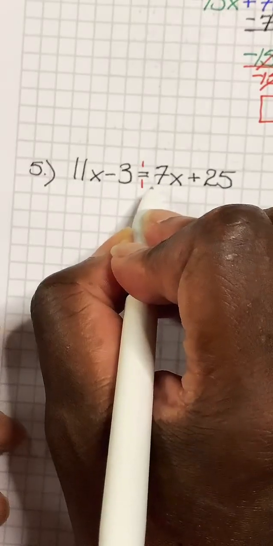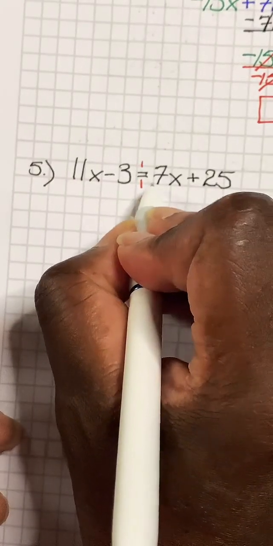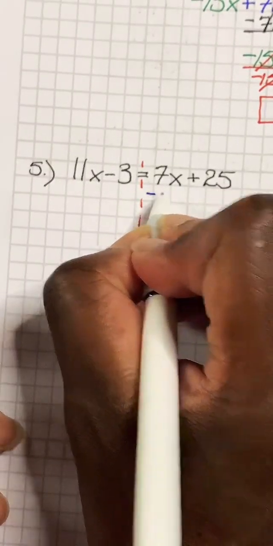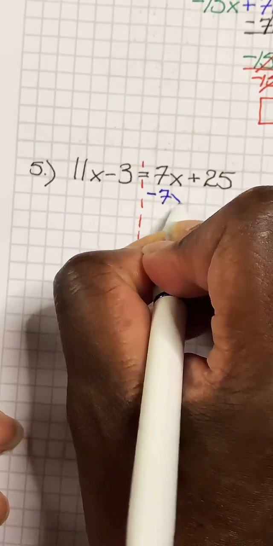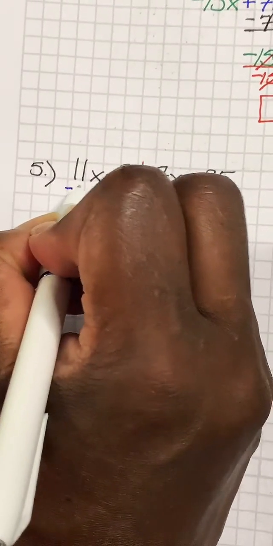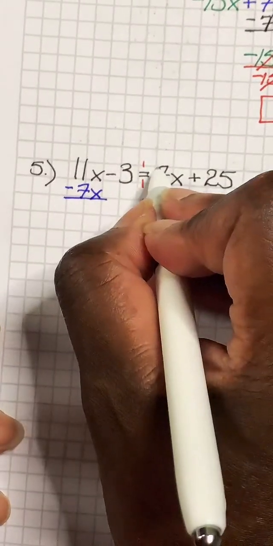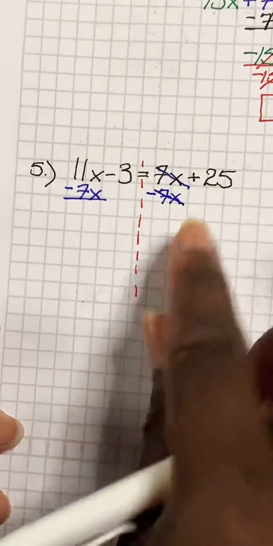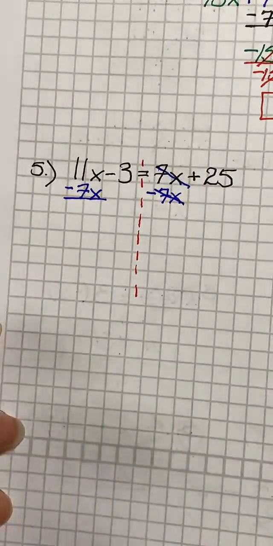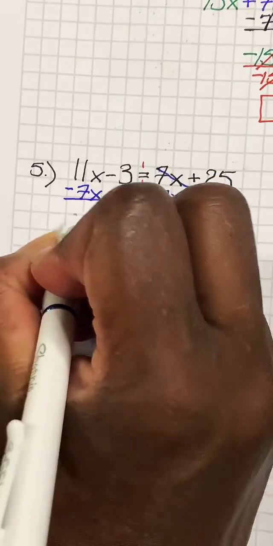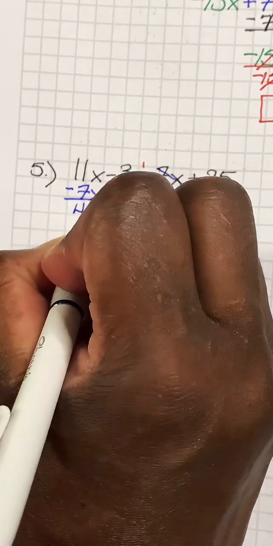So here I look to the left of the 7. There's nothing there, so that means it's positive. So I have to do the inverse, which is subtracting 7x. So when I subtract the 7x, that will give me 0. And now I have 11 minus 7, which gives me 4x.